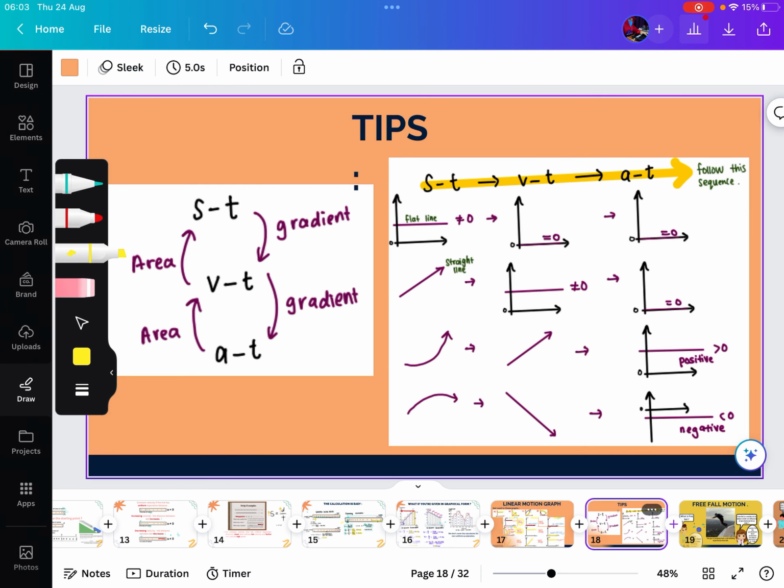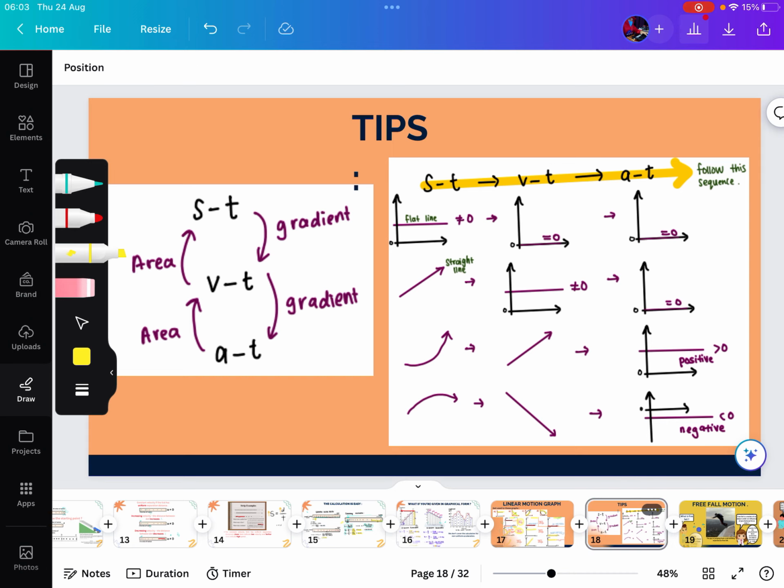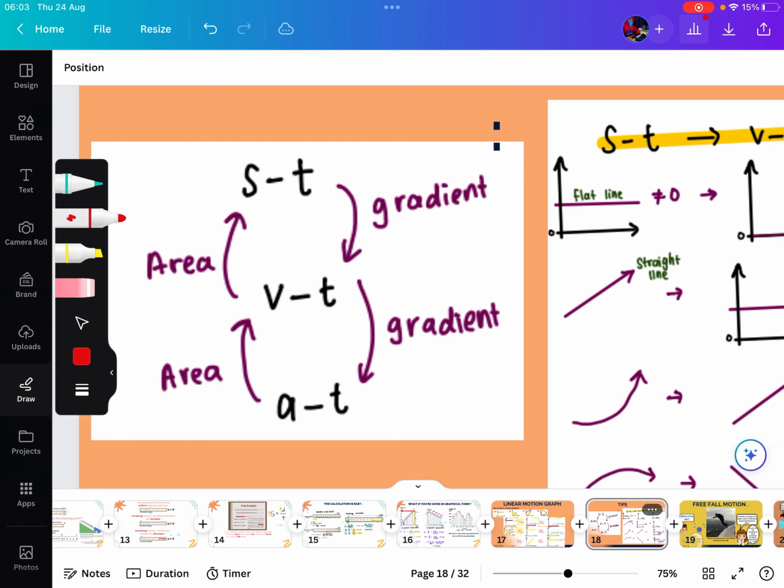So this is just a tip that you can take a glance at. I will explain a little bit about this. We start from the ST graph first, and then the VT graph, and then the AT graph.